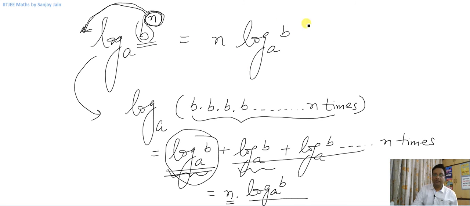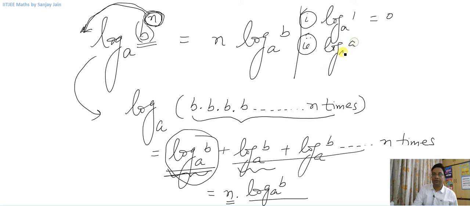So till now we have studied that log 1 to the base a was 0. Second, log a to the base a is equal to 1. Third, log a to the power k to the base a is equal to k.